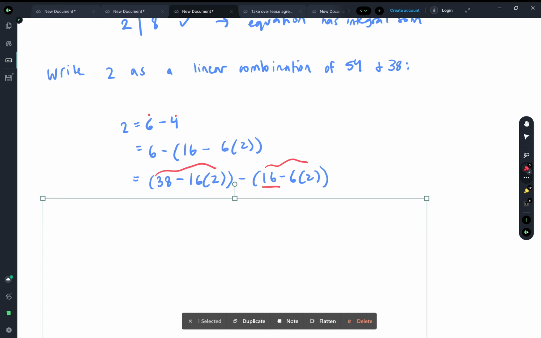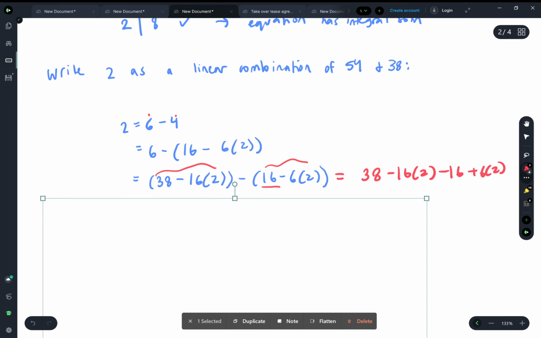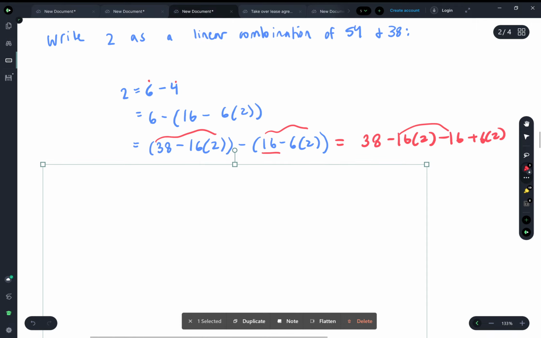So we need to replace this 16 and we need to replace the 6. But before we do that, we can make this a little easier for ourselves. We see that we have 38 minus 16 times 2 minus 16. If we distribute this negative, this would also be 38 minus 16 times 2 minus 16 plus 6 times 2. So we can combine these two terms into one term, which will make things simpler.